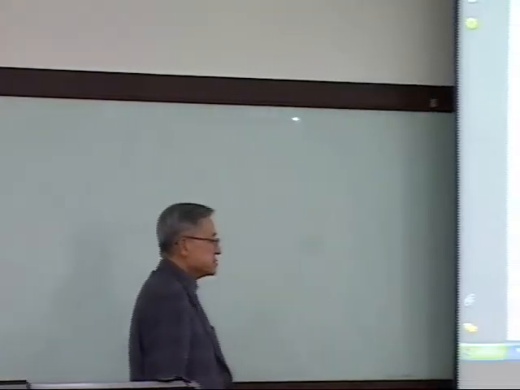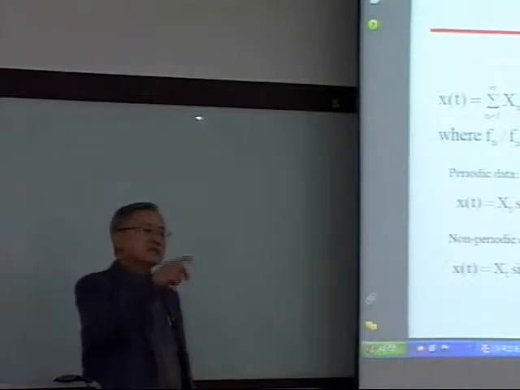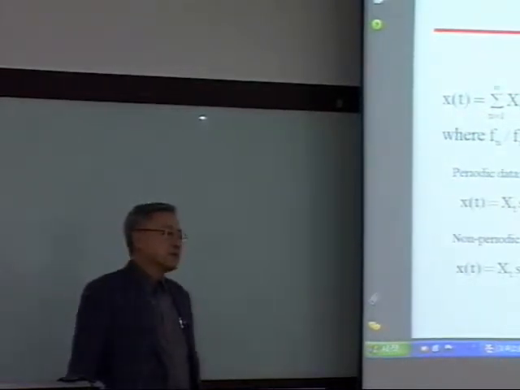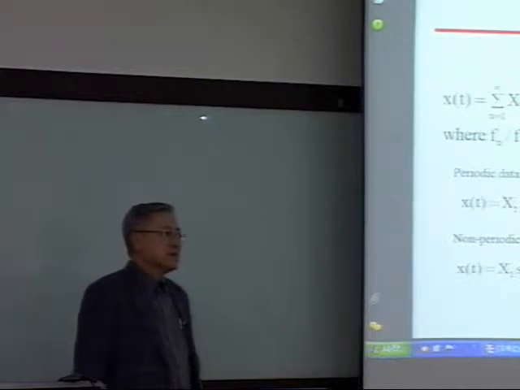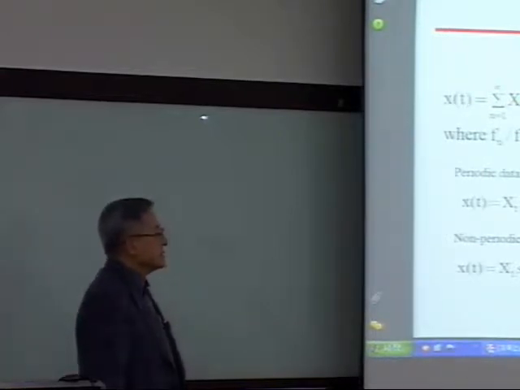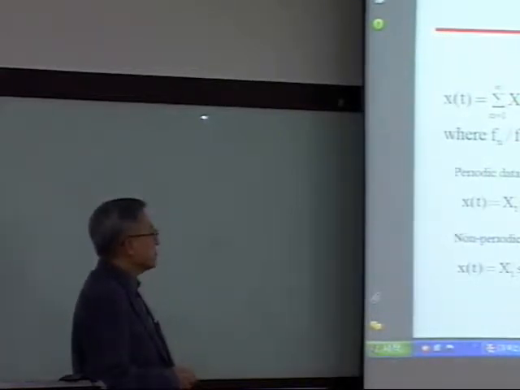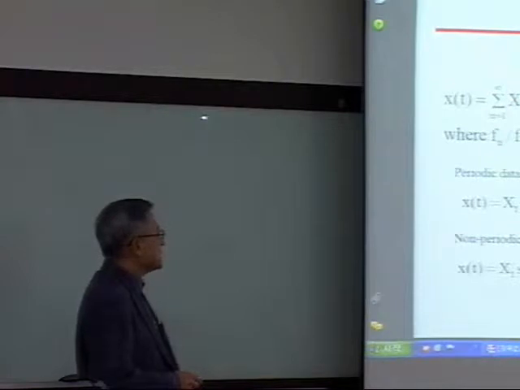Almost periodic. It looks like periodic, but periodic means it has a particular period. Okay? Then almost periodic implies Fn over Fm is not a rational number.